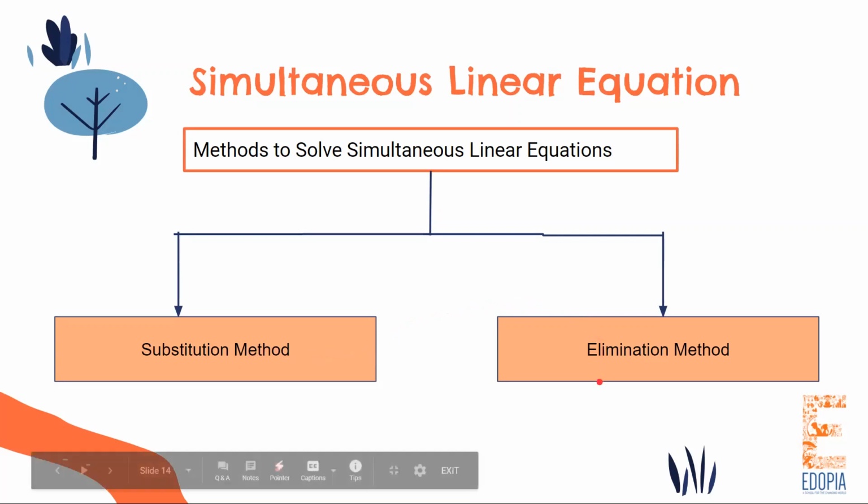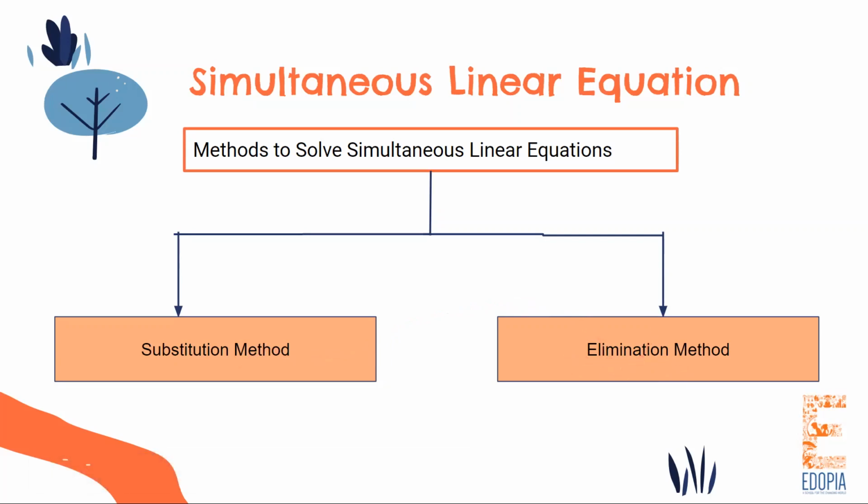Similarly, in the elimination method, elimination means we will get rid of one variable from both sets of equations, and we will find the value of one variable by eliminating the other variable. After we find the value of one variable, we take that value and substitute it into one of the equations. Then we can find the value of the other variable.